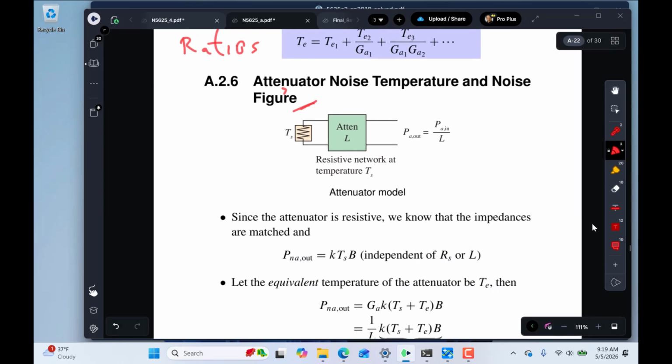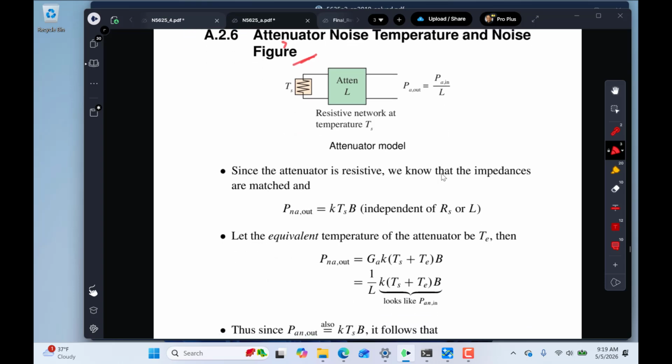And this is just an example. It says that if you have an attenuator in the line, that's going to take the power and reduce it by the attenuation value L, and this would be a ratio too. If it was a 10 dB attenuator, it would be a ratio of 10, but if it was a 20 dB attenuator, it would be 100 and so on. Going through this is a good little example to show how we can go through the equations we already worked through.